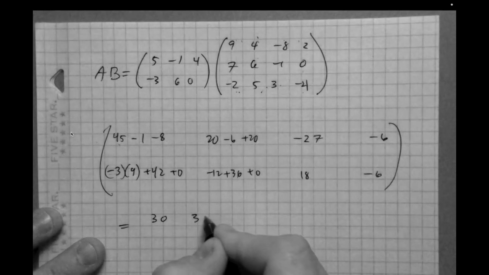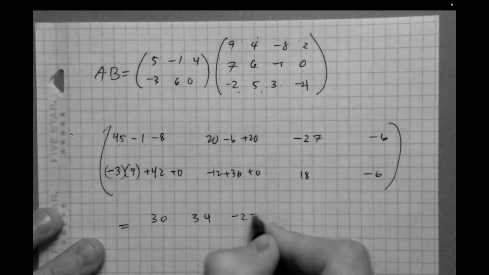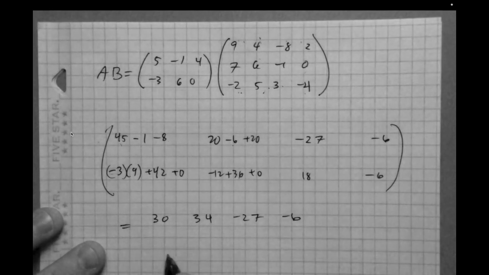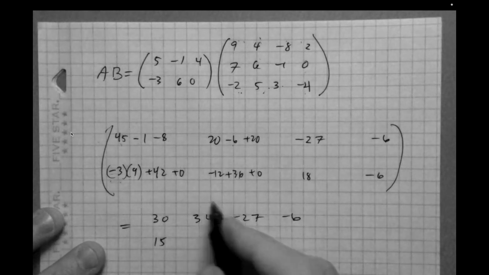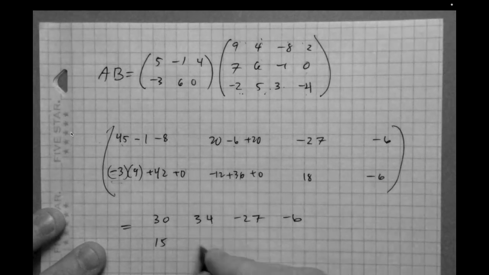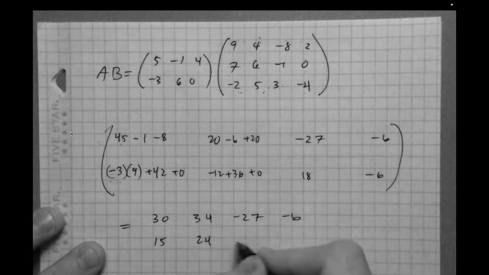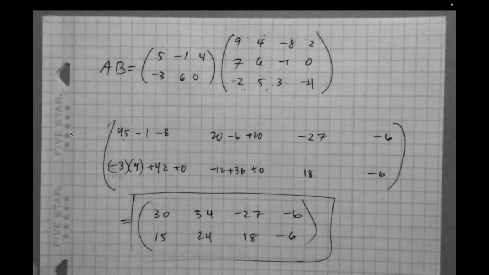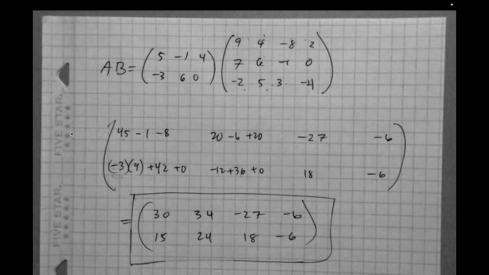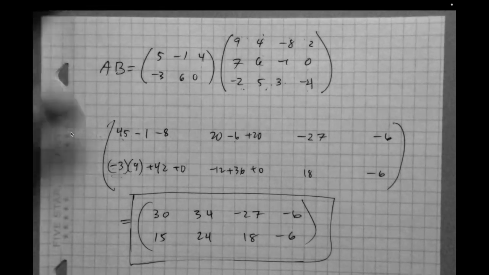So 30, 34, -27, -6, and then 15. This here is equal to 15, and this is equal to 24, and then 18 and -6. So that's the slightly better way to think about these matrix multiplication problems. Okay, let's do another example.